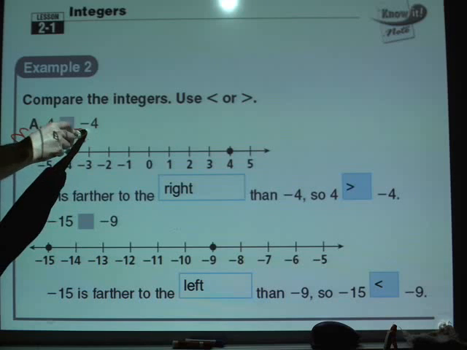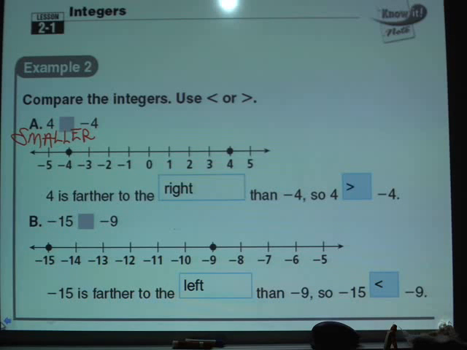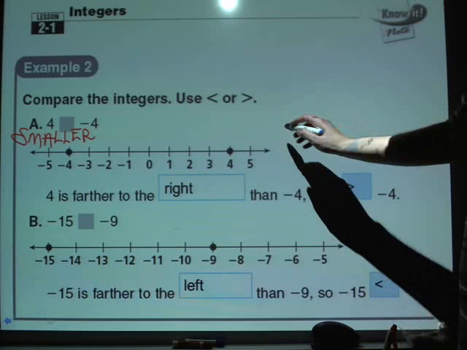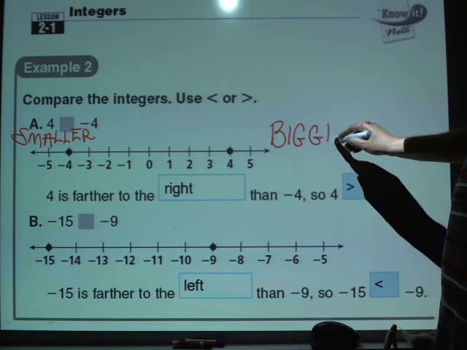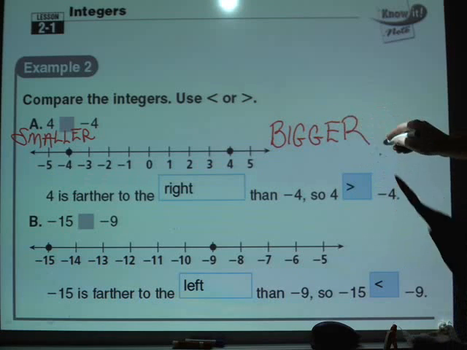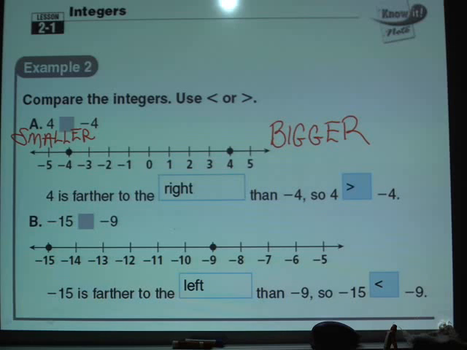So when I'm comparing two numbers with greater than or less than, I'm going to be saying which number is further to the right. Whichever number is further to the right on the number line is always bigger. Now sometimes that presents a problem for people, especially when we just look at the negatives.